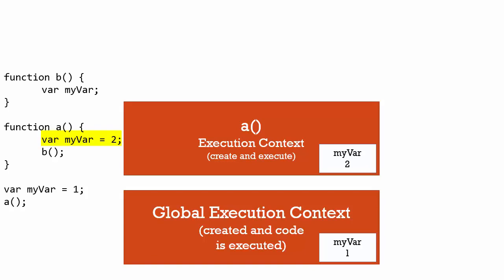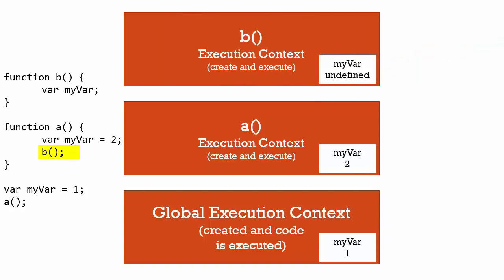And its value will then be 2 during the execution phase when that line myVar equals 2 is run. Then it invokes b, and a new execution context with its own variable environment, its own memory space for its variables, is created. And since it's not set equal to a value, myVar will be put into memory with a value of, as we've learned before, undefined.